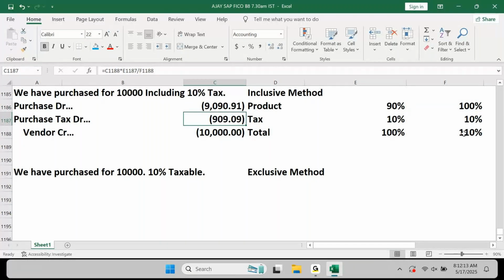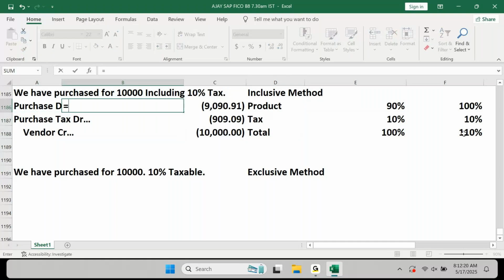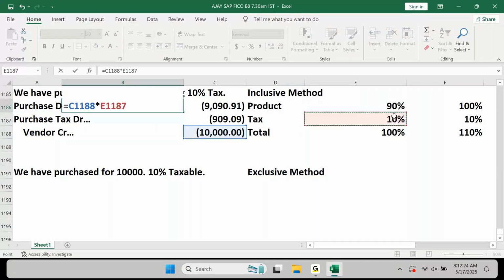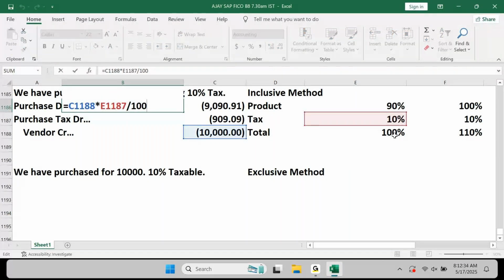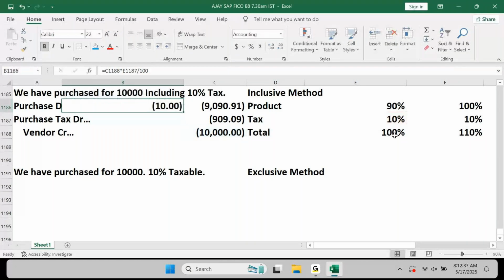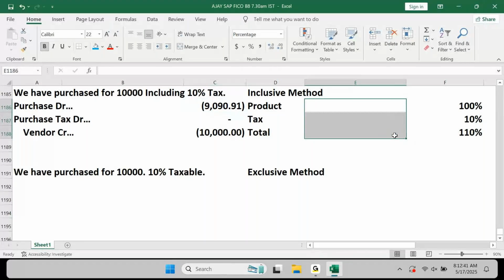If I try to calculate this, for example, product value into 10 by 100, this is giving 10. This is wrong. Now, which is correct? Taking this or this?